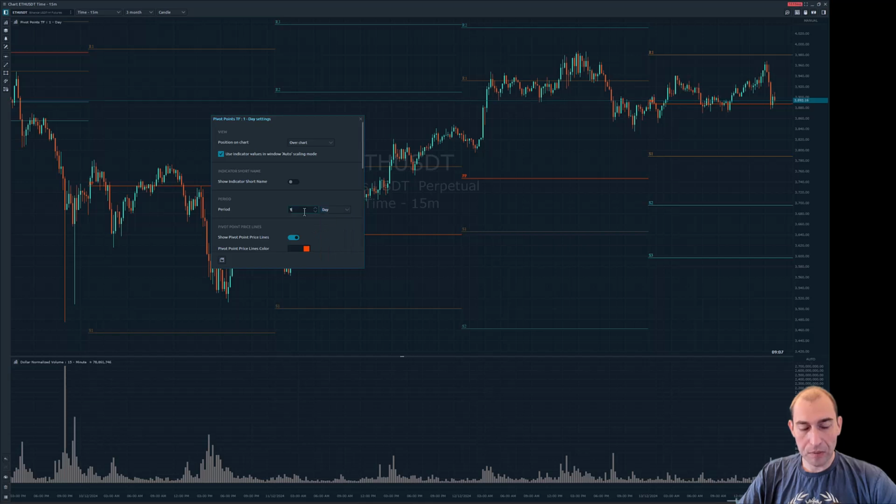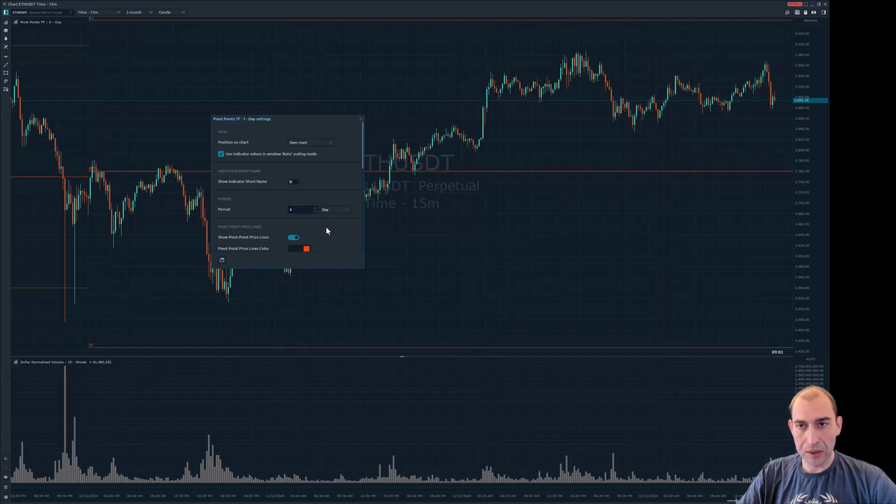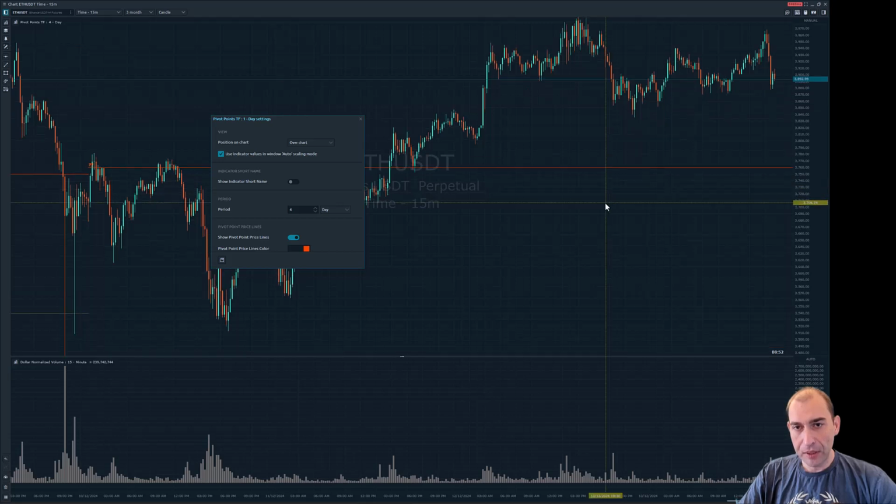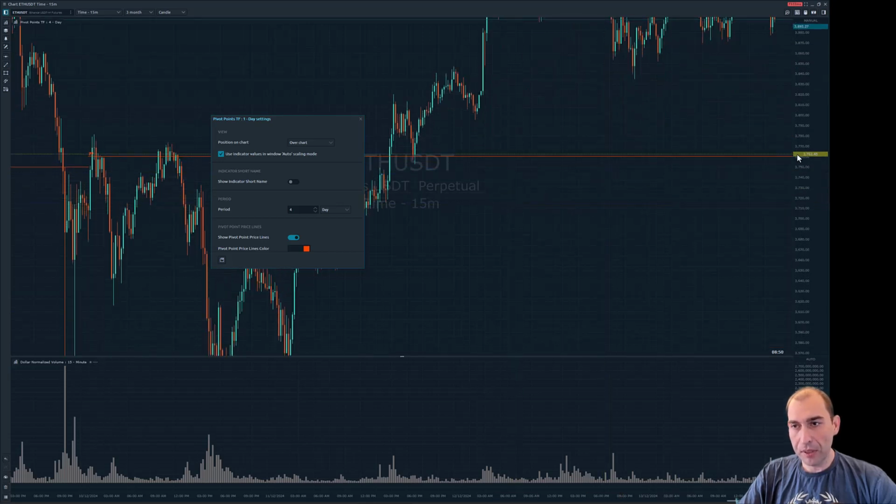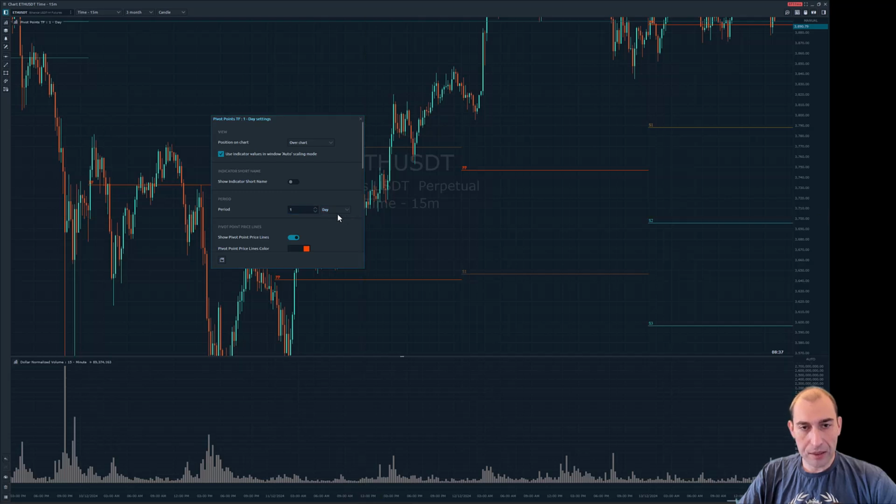So let's change it to 4 days. We can see now that this line will be much longer because it will represent a 4 days period. After the 4 days complete, it will recalculate the next 4 days. But in our case, I'll just keep one day. That's the standard, I believe.